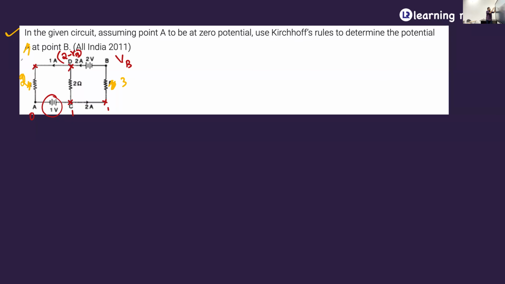So this point will be 2 minus VB. Simple as this, and all of these are connected in parallel.